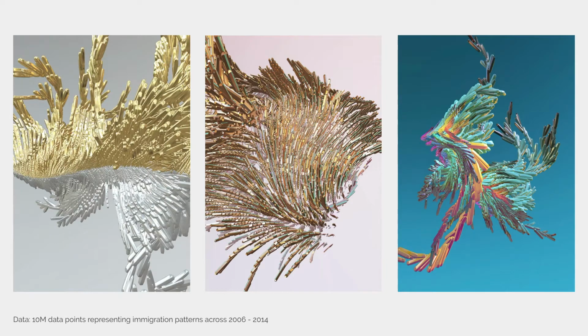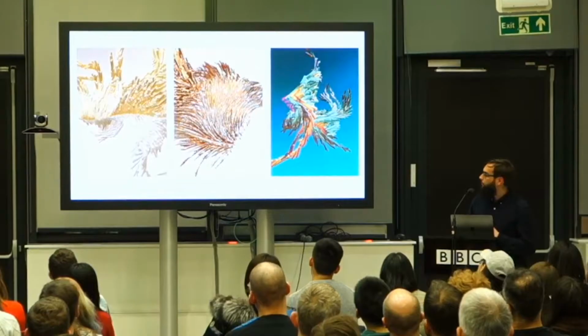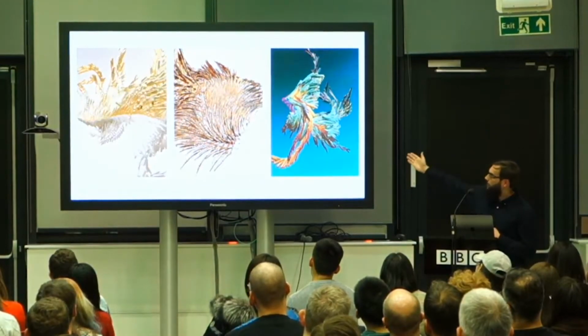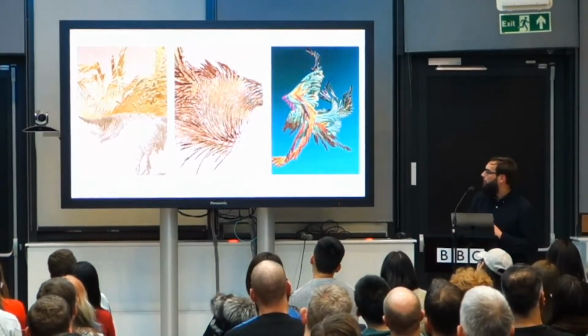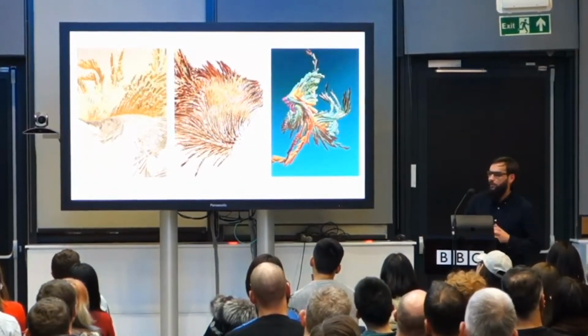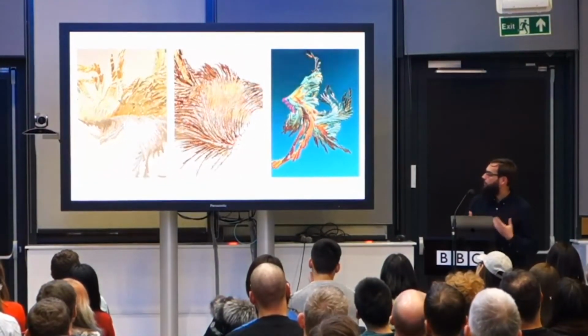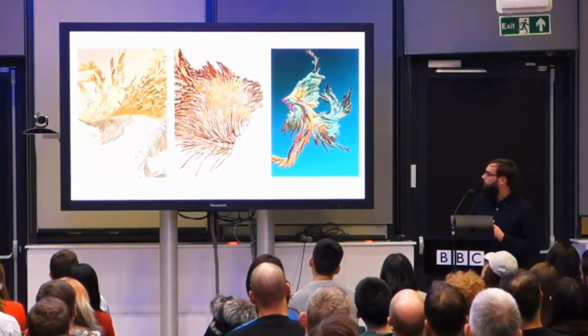For instance, on the left, it's literally inflows and outflows of people coming and exiting the countries. On this side, we get more colors because we took into account the level of education of these people coming in different countries of the Middle East.